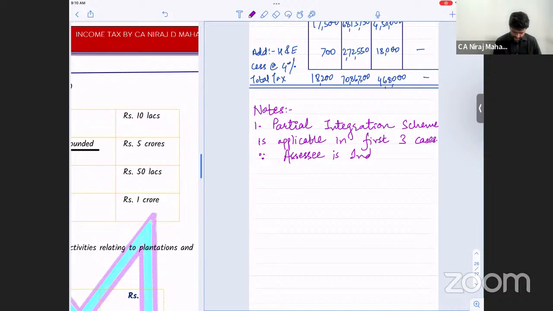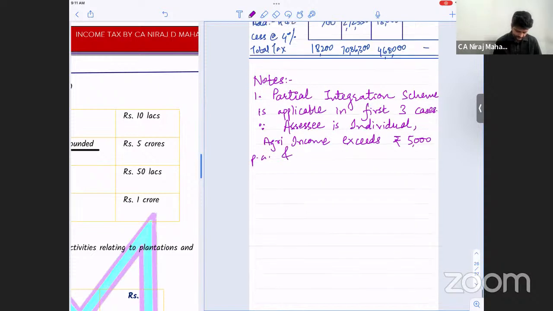Assessee is an individual. Correct? Agri income exceeds rupees 5,000 per annum.